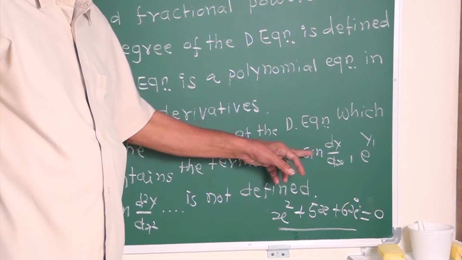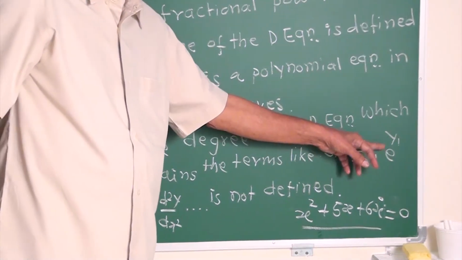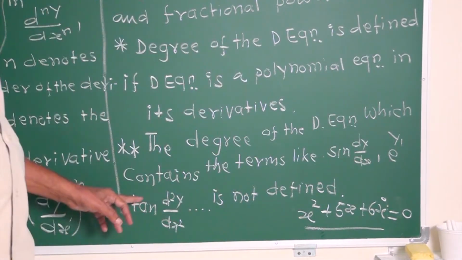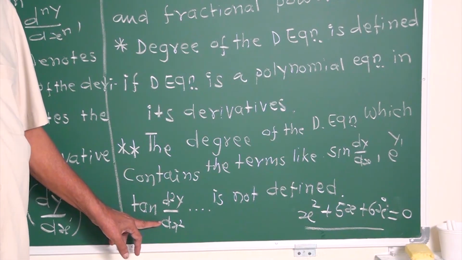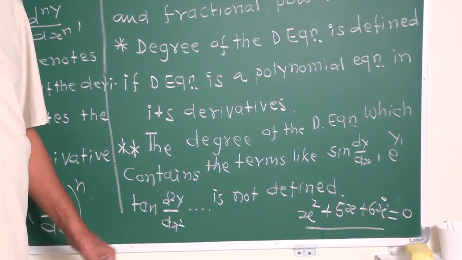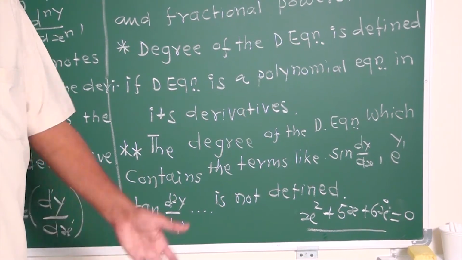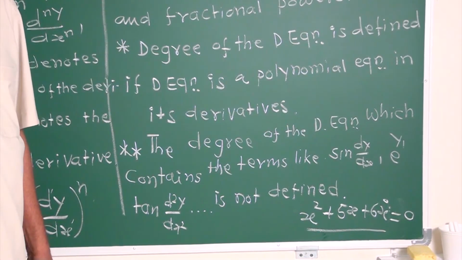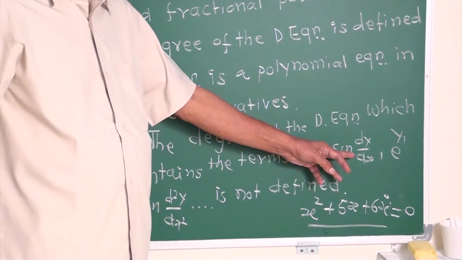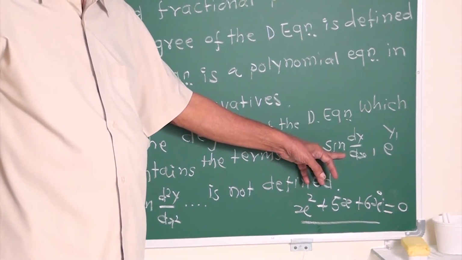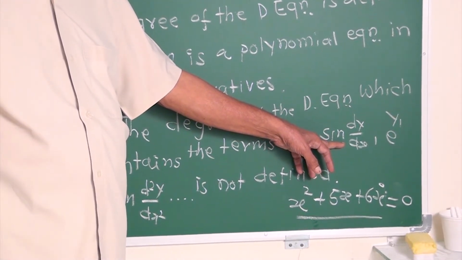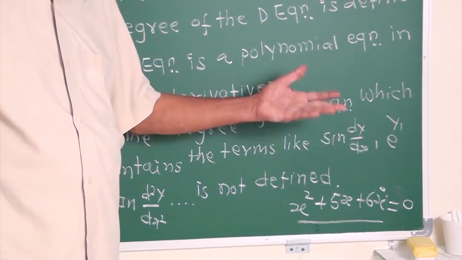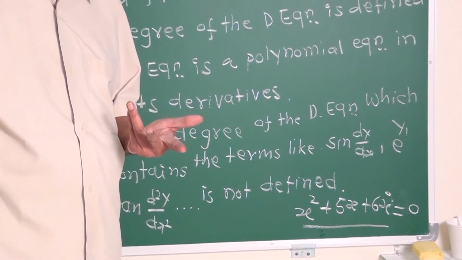Sin dy by dx, cos dy by dx, e to the power dy by dx, tan d2y by dx2, like this. Why? This sin x we can express in terms of a series. Therefore, if it is sin dy by dx, you can write it in the form of a sine series. Therefore, sine series means what? The degree is not defined.